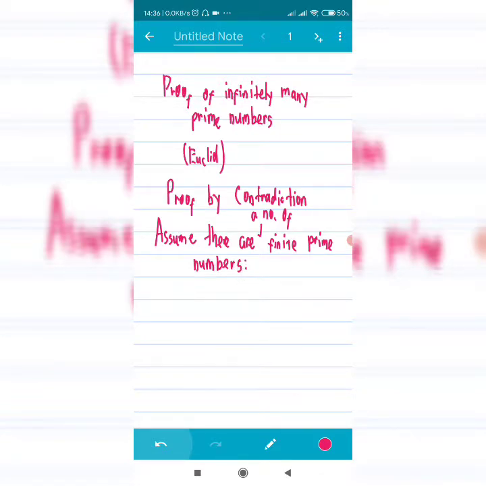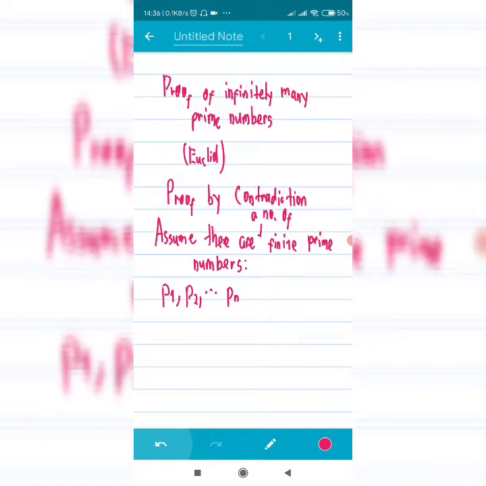So we'll just name these prime numbers P1, P2, and all the way to Pn. As you notice, this is a finite number of prime numbers, so there are n many prime numbers right here.